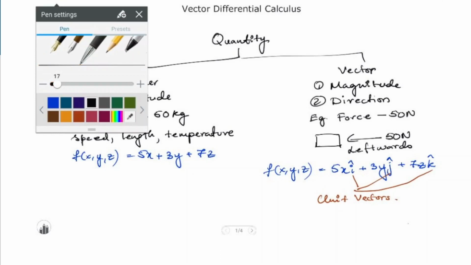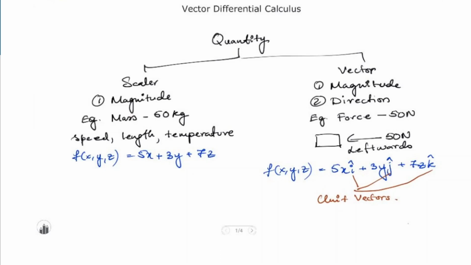I forgot to give some examples for the vector quantities. So some more examples could be velocity, acceleration. Now, let's say we have a point A and a point B. So the vector representing this line going from A to B could be represented like this: A with an arrow on the top.